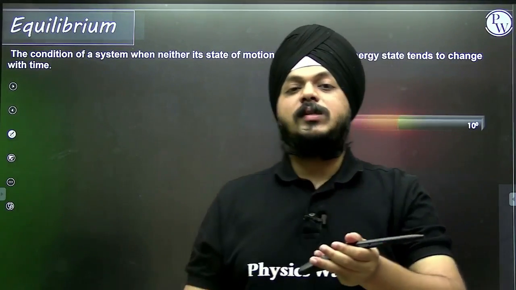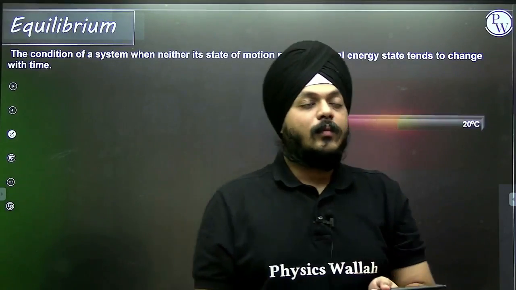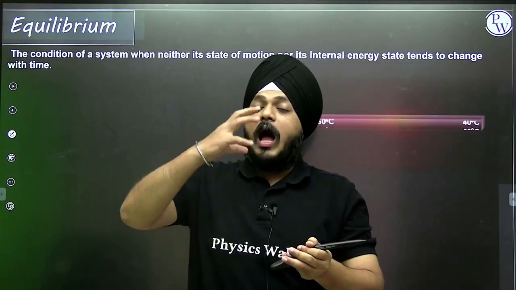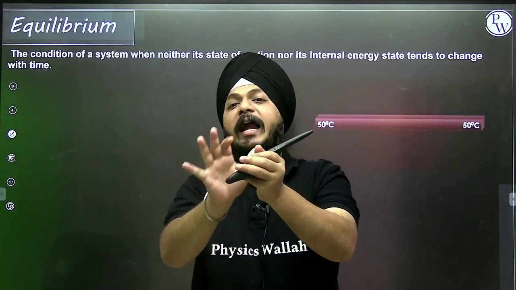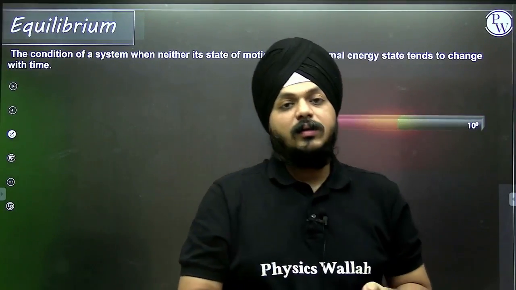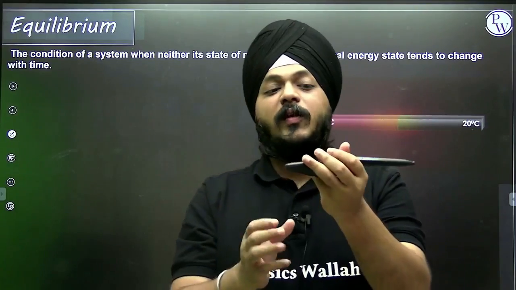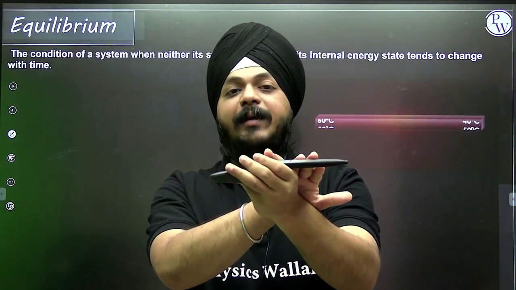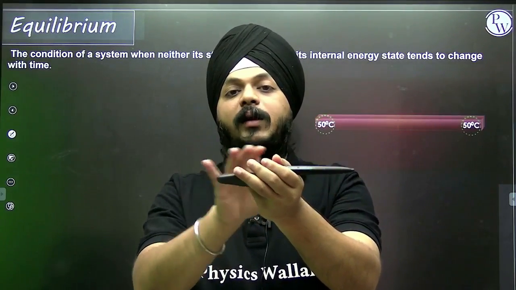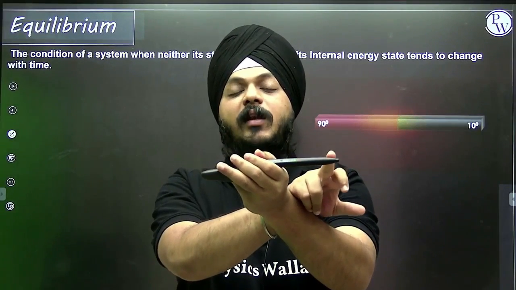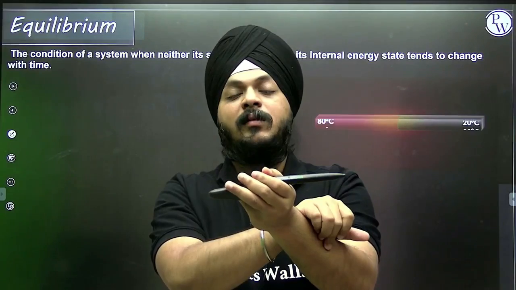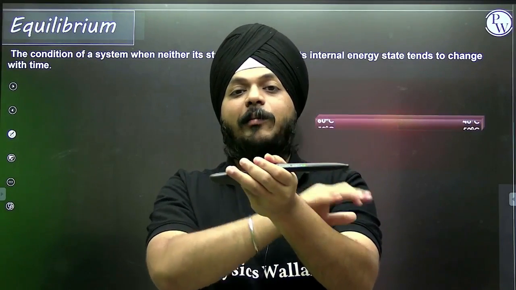Now, my question to you all is, for how much time will this heat flow from the higher temperature to the lower temperature? The reason behind this question is, if the object is at the higher temperature, heat is flowing from it, so obviously the temperature of the higher object is going to decrease because it is losing some energy.